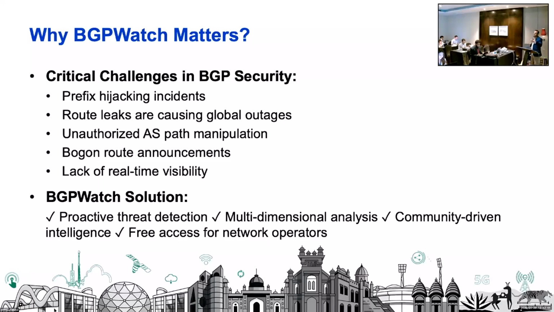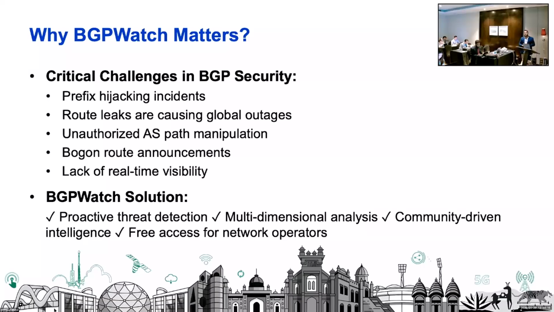You are taking a prefix from one upstream, and you are not supposed to announce that prefix to your other upstream. If, through misconfiguration or intentionally, you announce that prefix to another upstream, traffic intended for your network is affected. So that route leak causes a lot of global problems.